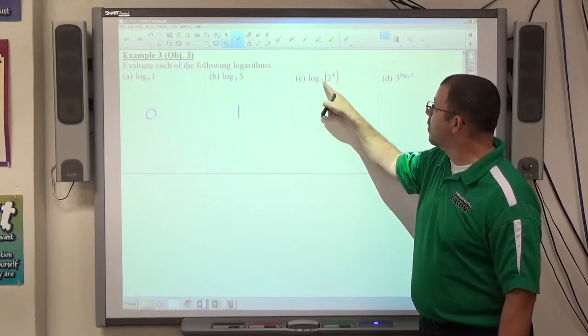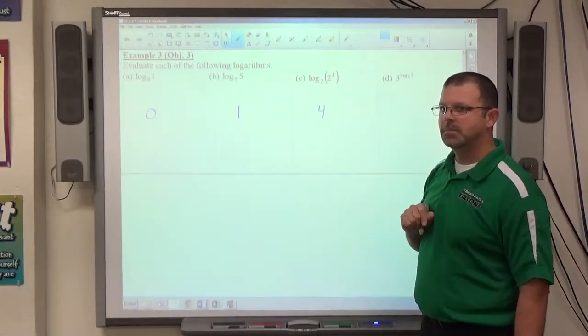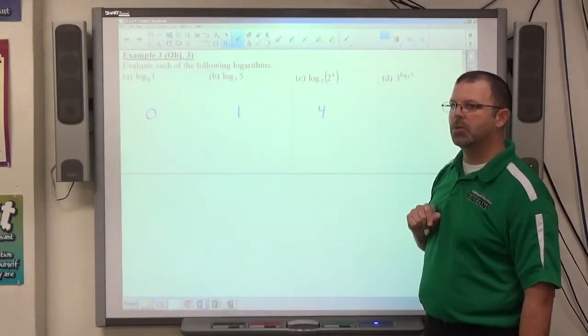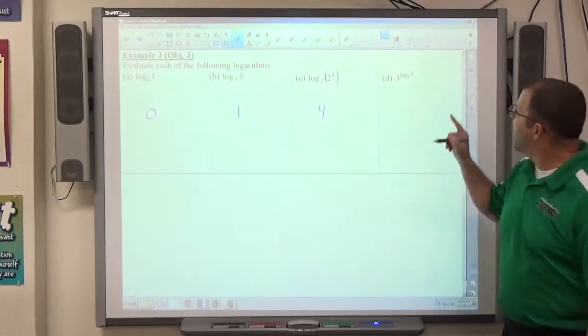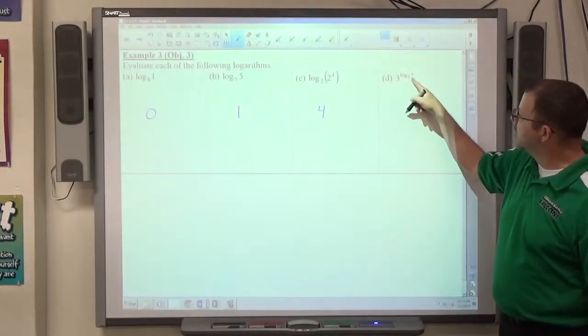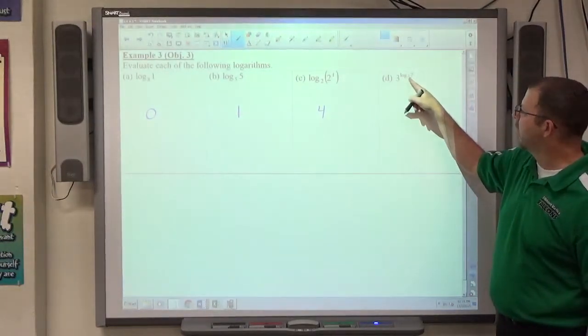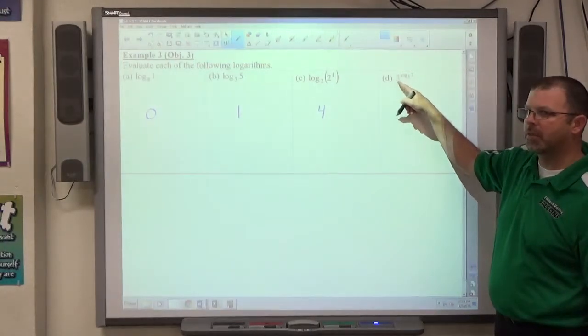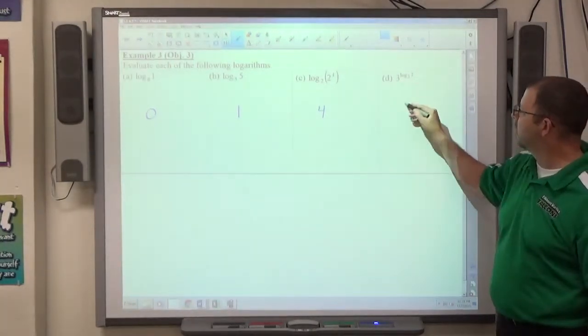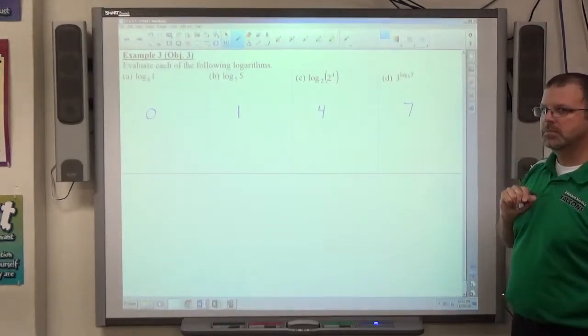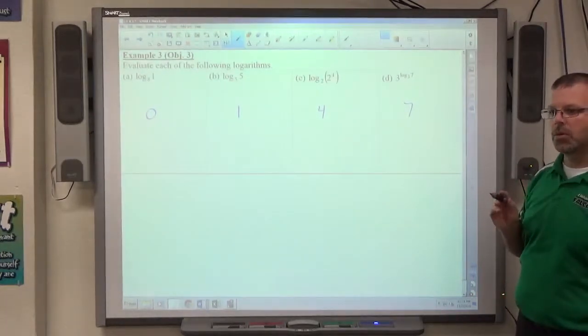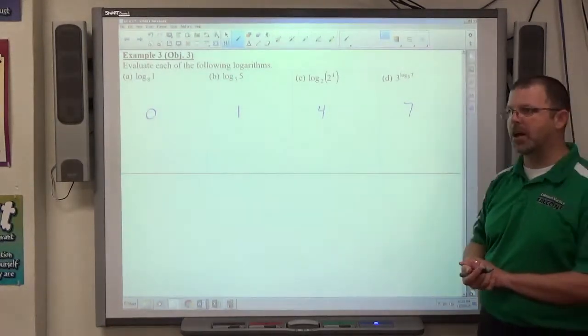Log of anything to the power base itself equals the power. Log of 2 to the 4th base 2 is equal to 4. And if you have an exponential logarithm and the base of the exponent matches the base of the argument of the expression, the argument is the answer.